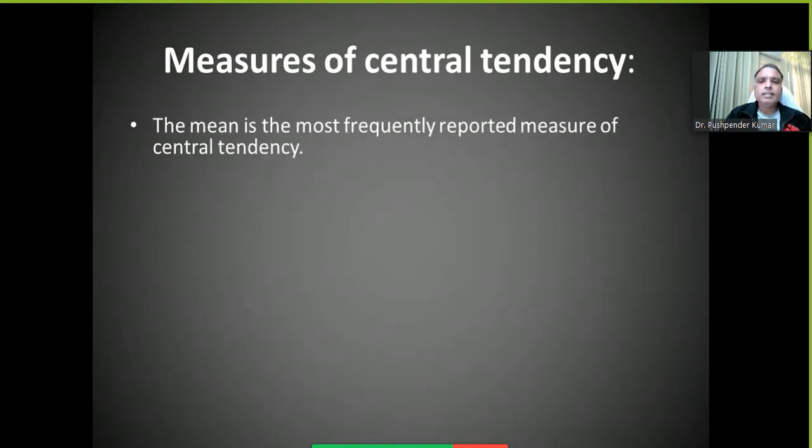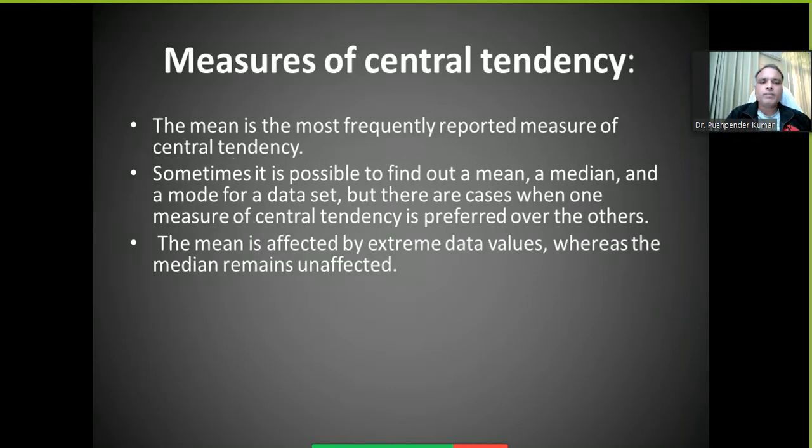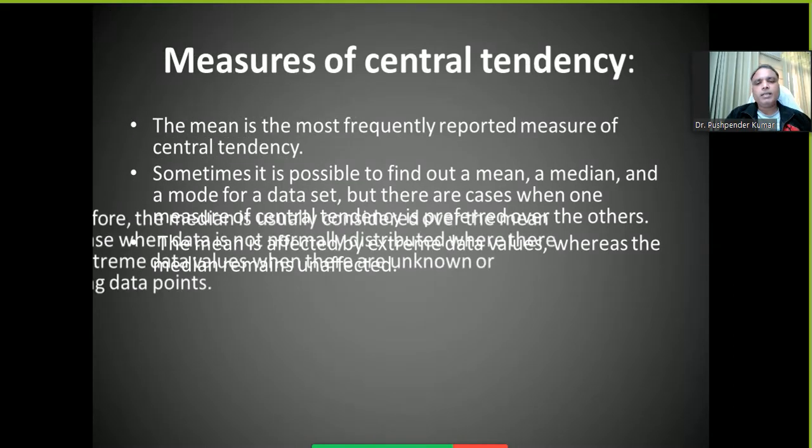So in measures of central tendency, the mean is the most frequently reported measure of central tendency that you all know. Sometimes it is possible to find a mean, median, and mode for a data set, but there are cases when one measure of central tendency is preferred over the other, that we already have discussed. The mean is affected by extreme data values, whereas the median remains unaffected.